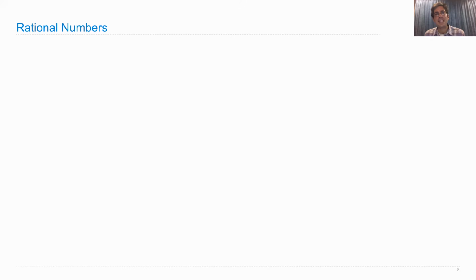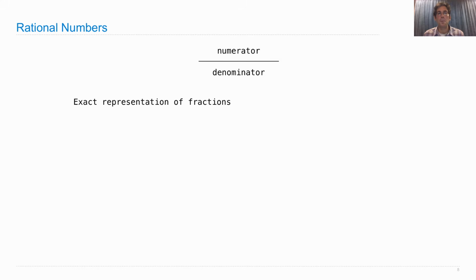Let's take a look at an example, rational numbers, and we'll see what we mean by data abstraction. So a rational number can be expressed as a numerator divided by a denominator, where both numerator and denominator are integers, and since we can represent integers exactly, this gives us an exact representation of fractions.